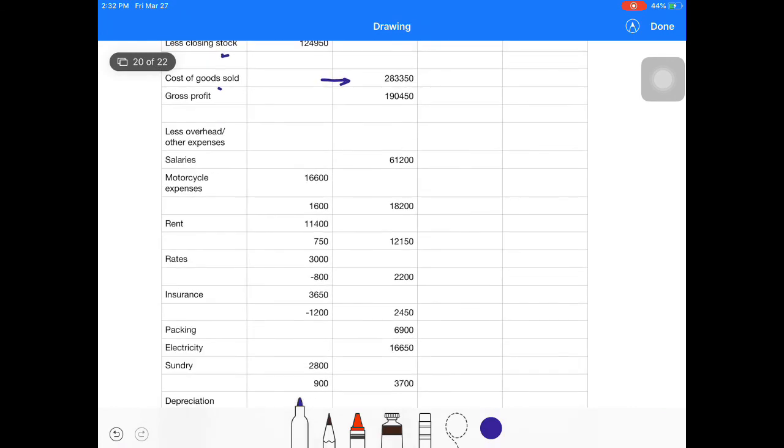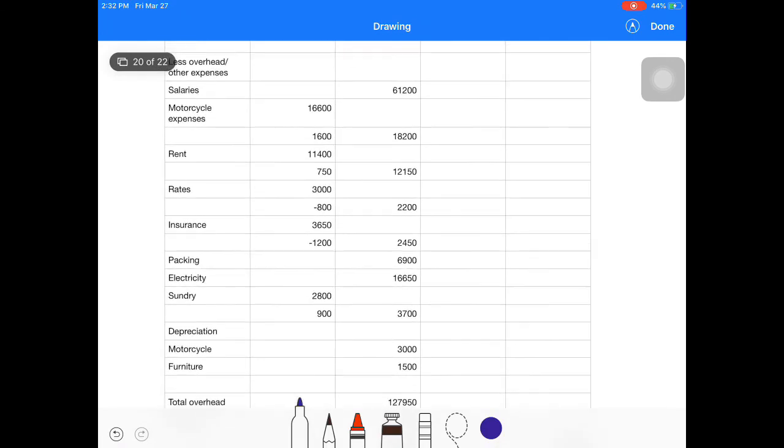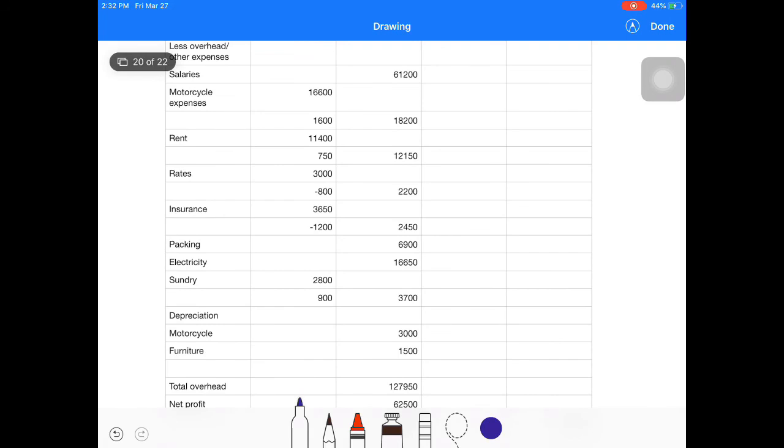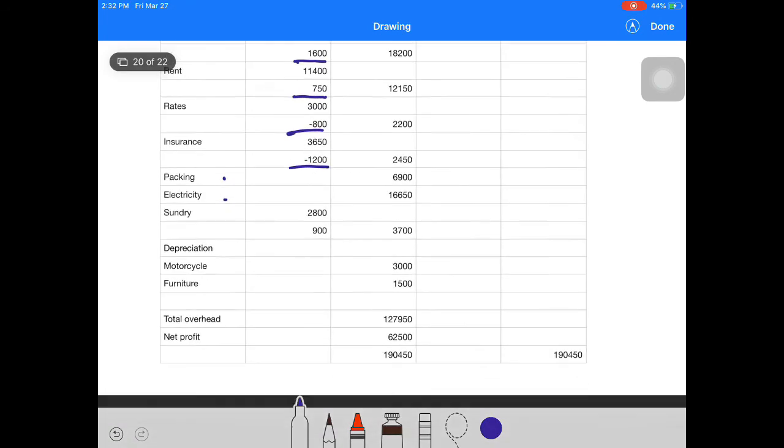Then all the other expenses are listed down with their relevant adjustments, right? With the relevant adjustments. Motorcycle expense with the adjustment, it is this. Rent with the adjustment, it is this. This is with the adjustment. This is with the adjustment. This two does not have any adjustment.